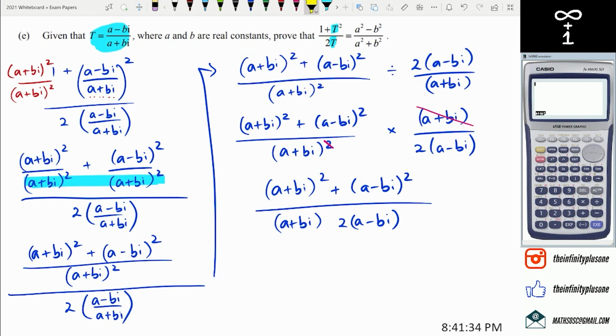So I'm hoping you guys got where I got that from, because if you can see what's happening here, then this question is just going to become a little bit easier.